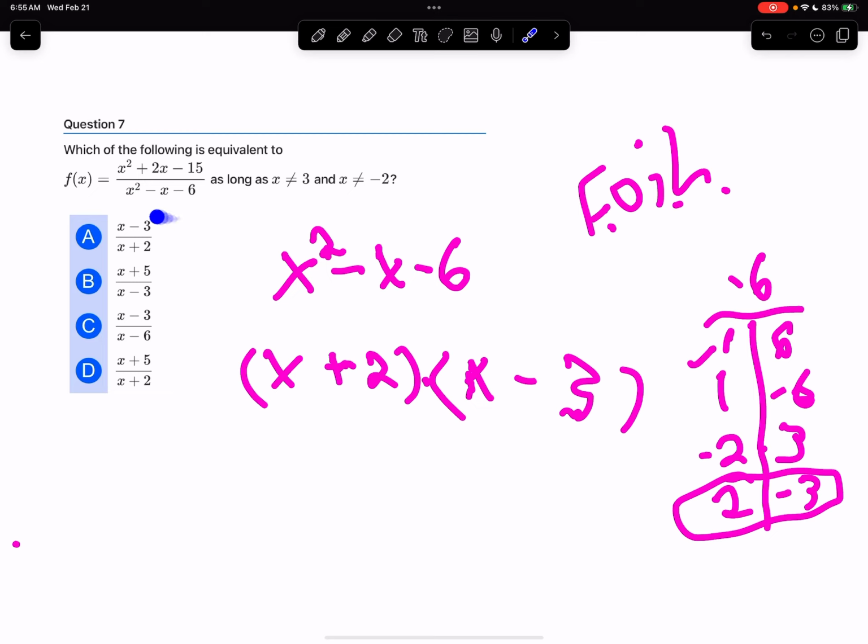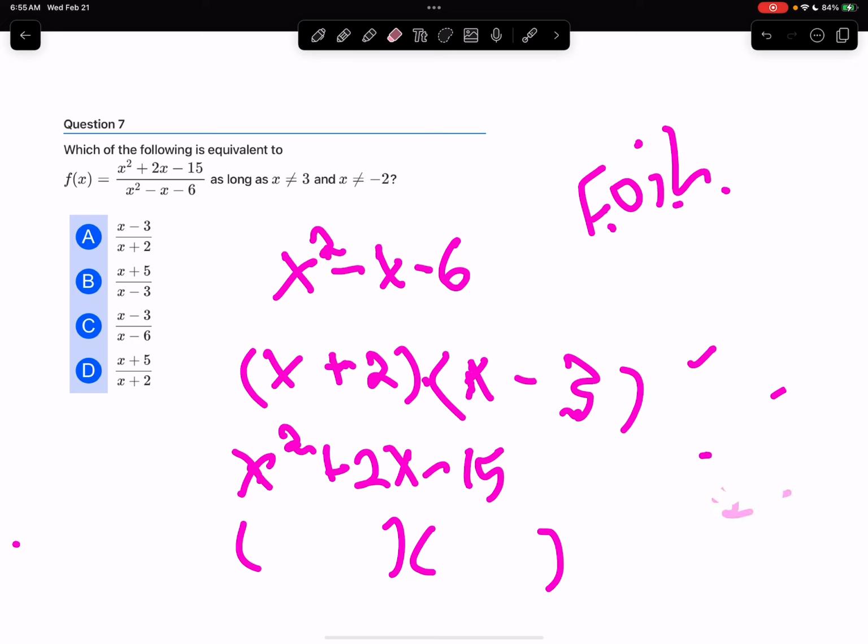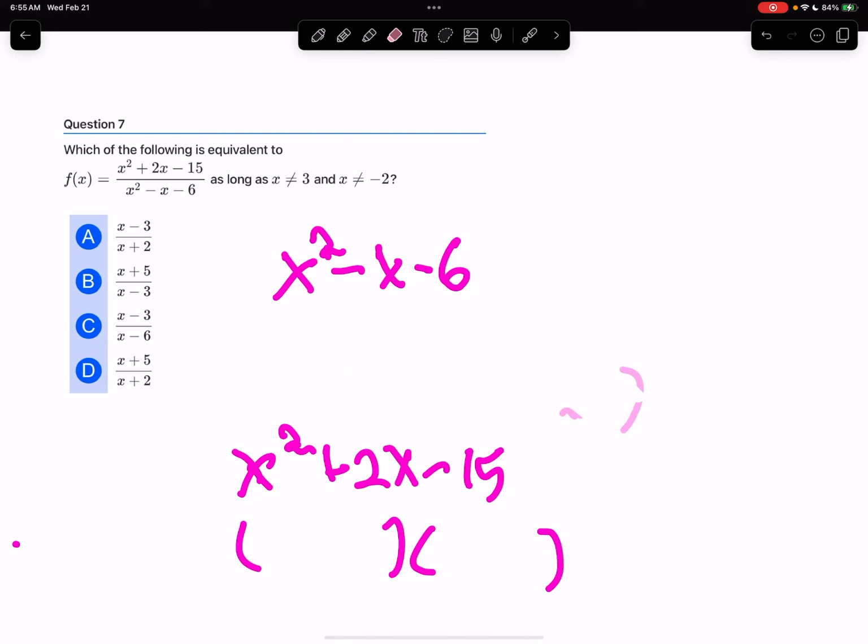I'm going to replace that with this in the bottom of the fraction. I'm going to do the same thing to the top of the fraction, and that's going to be x squared plus 2x minus 15. I'll just copy it down, and erase what I don't need anymore.